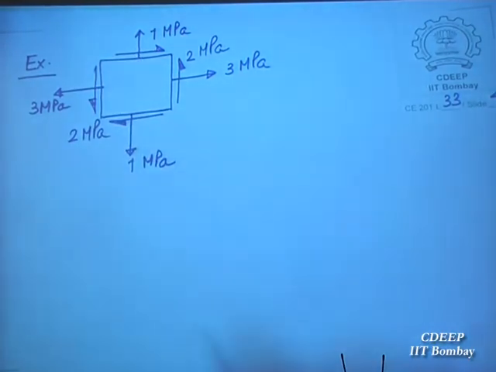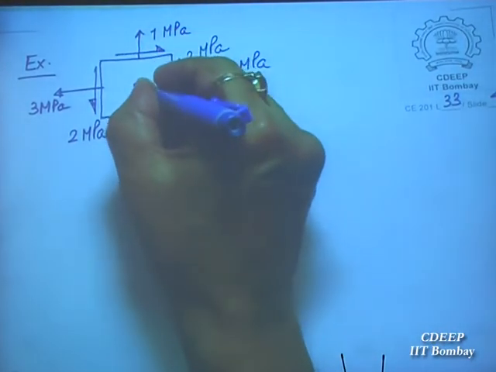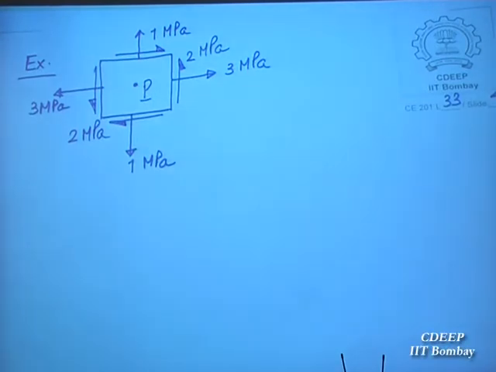Okay, so this is the state of stress given at a point P in a body, a state of plane stress. Please find out the maximum shear stress, maximum normal stress, directions, etc. for this. So take this, start working, and then I will help you.